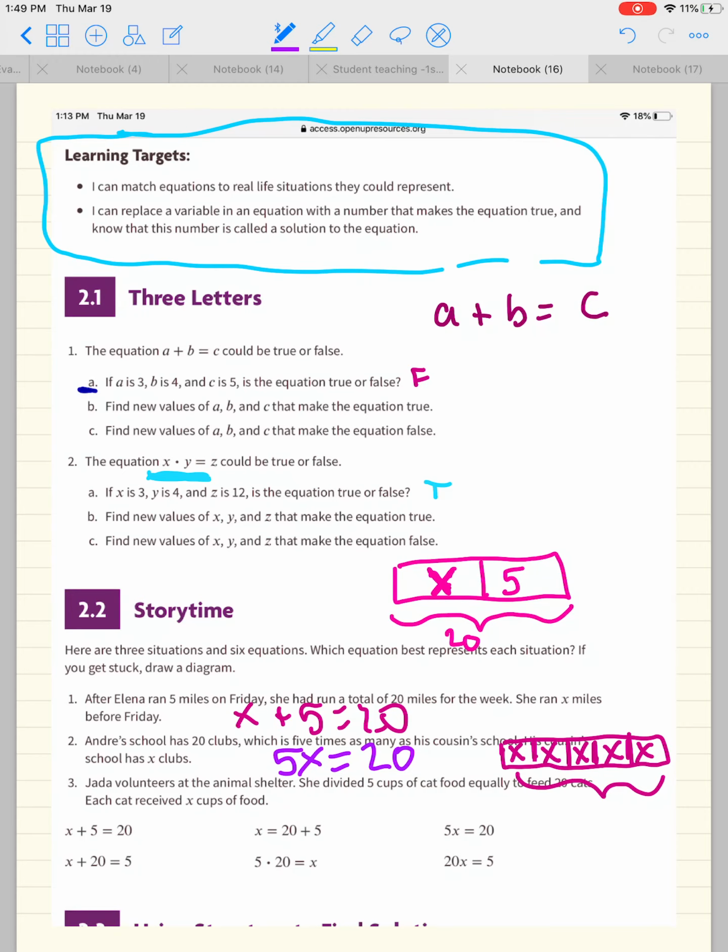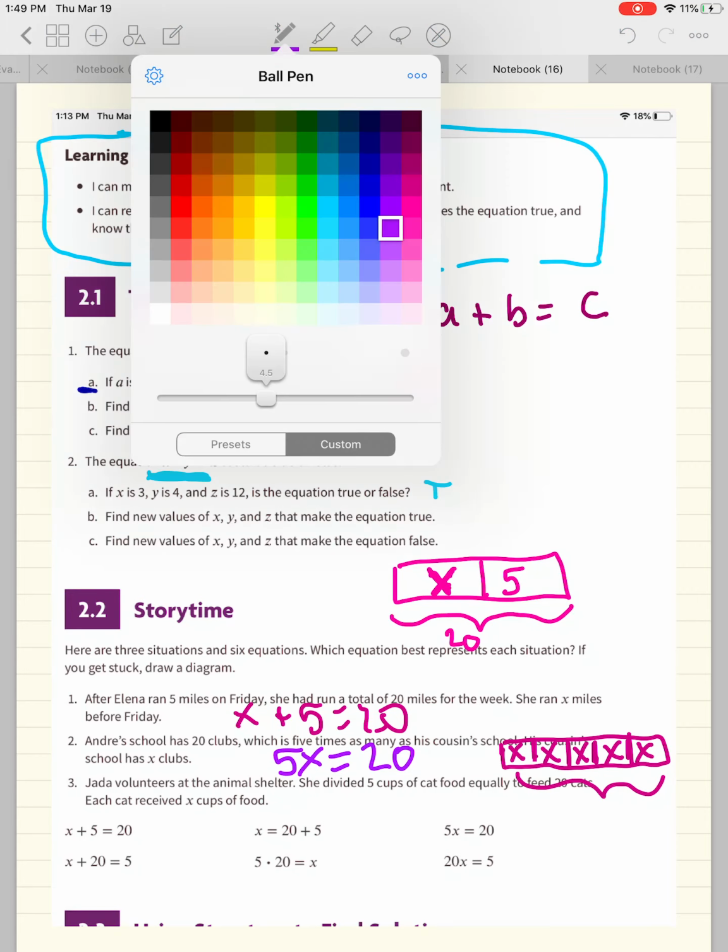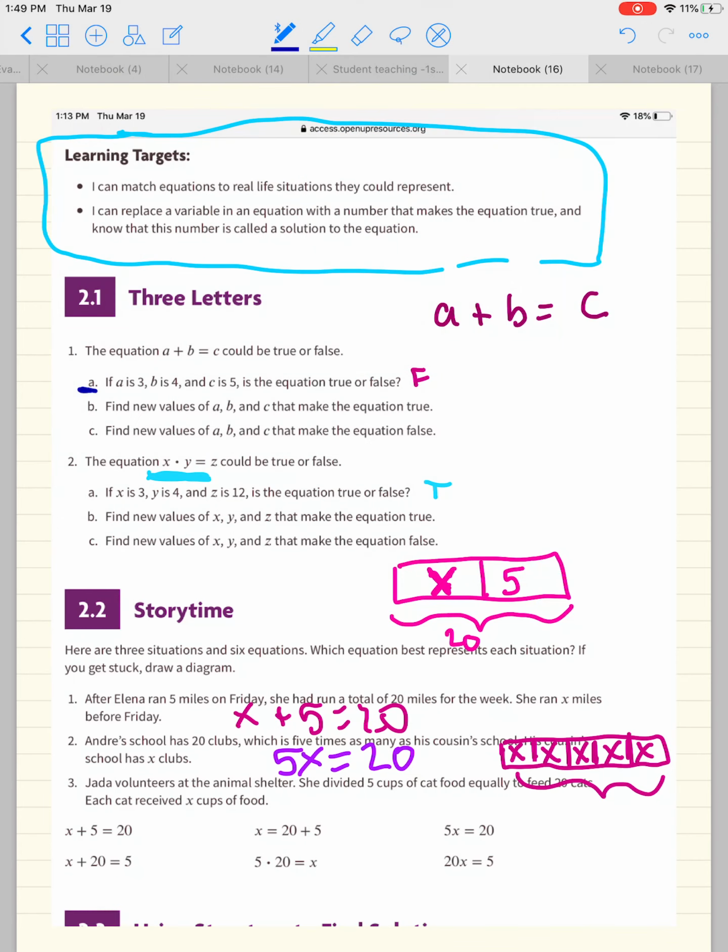All right. The last one says that Jada volunteers at the animal shelter. She divided 5 cups of cat food equally to feed 20 cats. So we know that we have a total of 5 cups. And we're splitting the cups up between 20 cats.